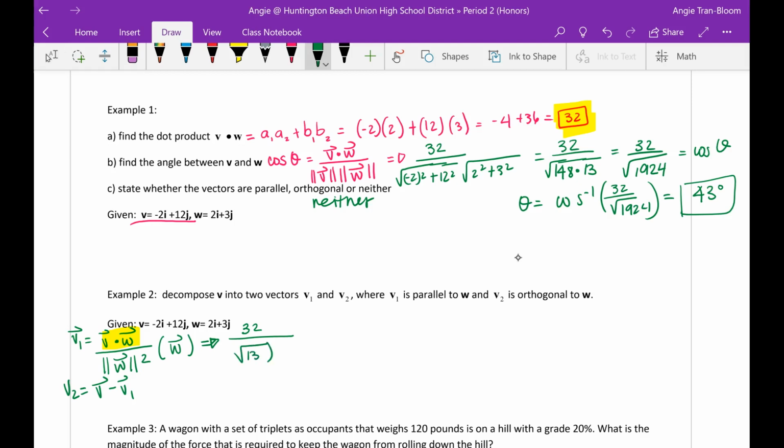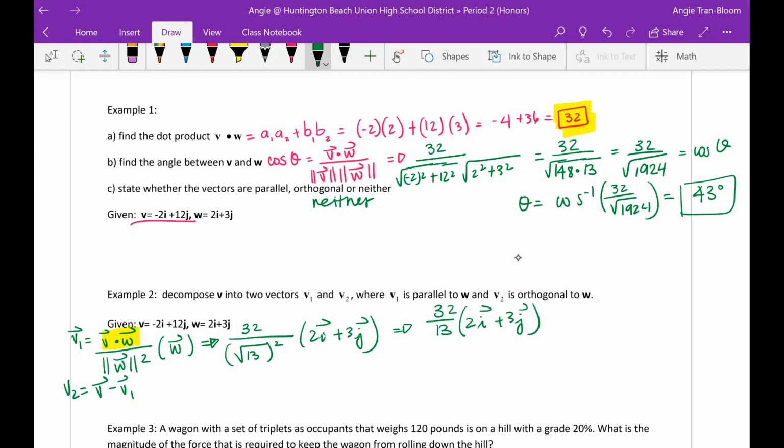And then W is 2i plus 3j, which I multiply back. On top I now have 32. On the bottom, square root and square is now just 13. So now I multiply 2i plus 3j.